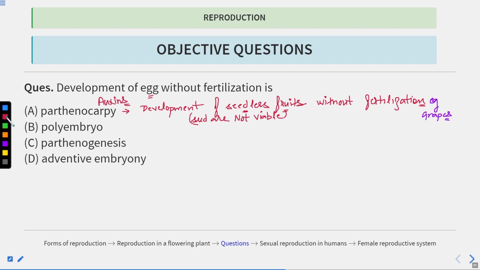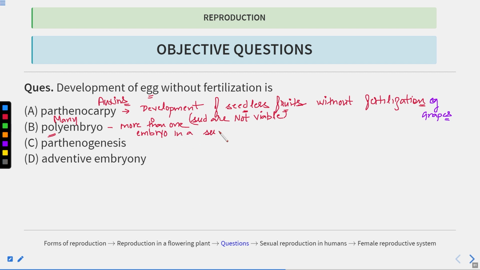Now next is polyembryony. Polyembryony is the presence of more than one embryo in the seed. So poly means many. So simply we can say presence of more than one embryo in a seed.